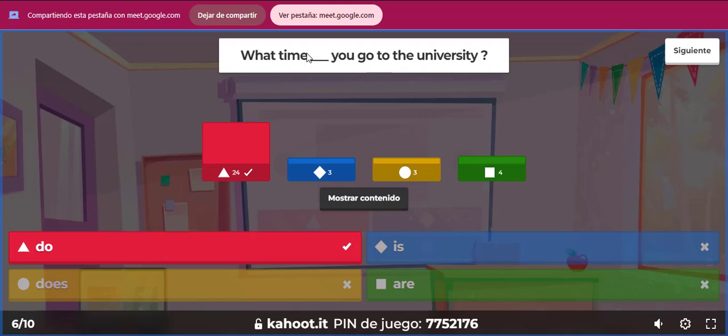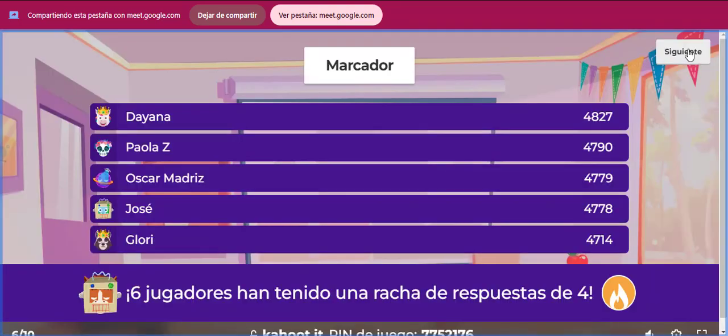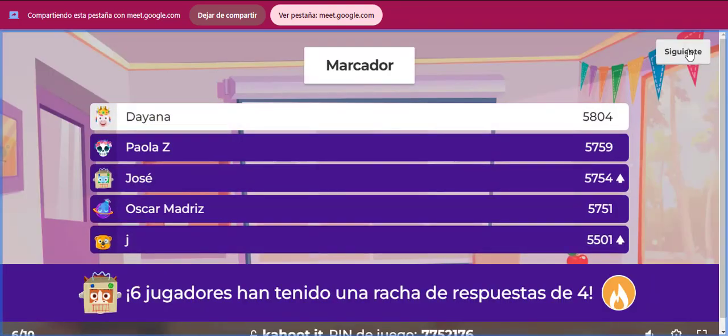And see that here we have an interrogative question. What we did was to add the WH elements at the beginning, but the structure is the same as if we started with do, then you, and then the rest of the sentence, the verb and the rest of the sentence.